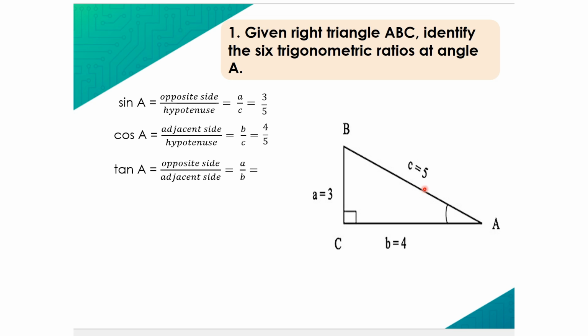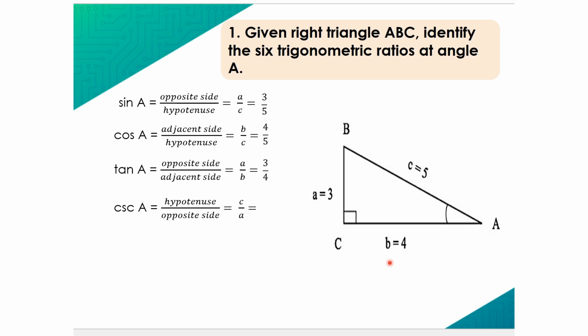Next, tangent A. Tangent is opposite over adjacent. So, A over B, that would be equal to 3 over 4.